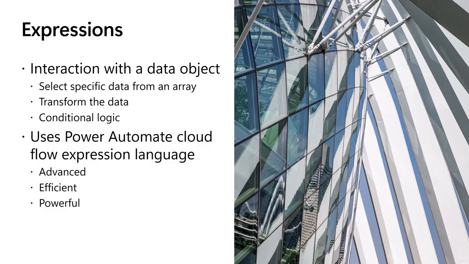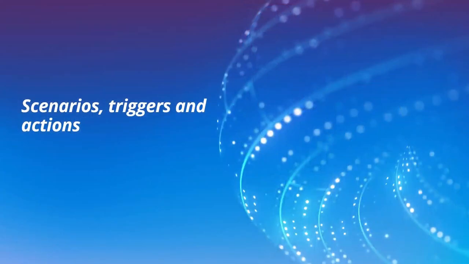We can use expressions to select a specific piece of data from an array or table of data. We can make it transform the data in some way, or we could introduce some conditional logic that's executed immediately. Very often people will use expressions purely to format a string of data, such as a date field, and we'll see this within the exercises.